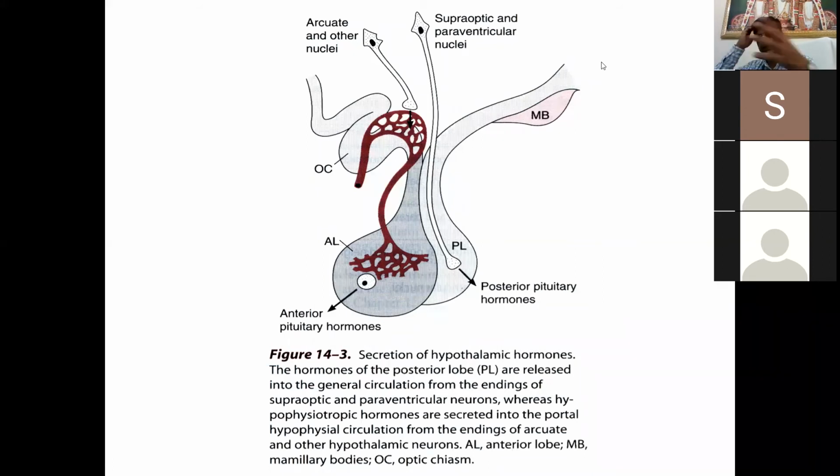So one of the things you should suspect in patients with abnormal skin pigmentation is Addison's disease, because in primary Addison's disease there is no problem in the hypothalamus or the anterior pituitary, the adrenal gland itself is abnormal, so ACTH is high, and that will cause abnormal skin pigmentation.